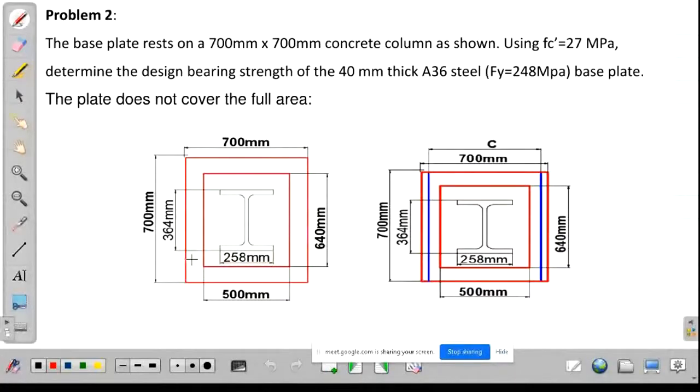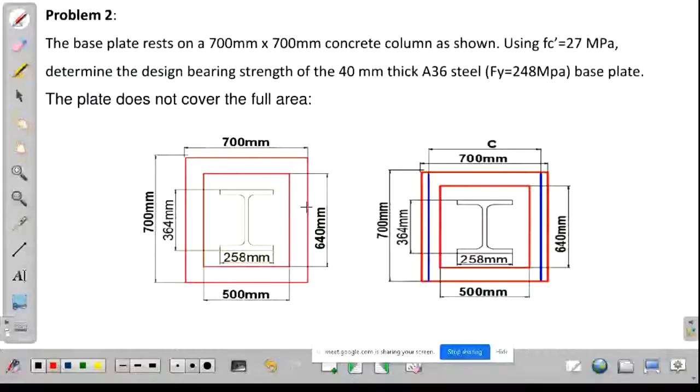Okay, so we have here the diagram for our problem number 2. So, the dimension ng ating pedestal kung saan yung base plate natin nakapatong is 700 by 700. Okay, so meron din tayong B and B for our column that is 248 and 864.